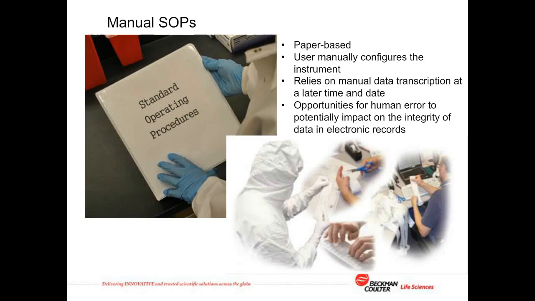And at the end of that, typically a paper record is produced, and it relies on the operator manually transcribing that data at a later time and date into an electronic format. Now, of course, this gives those touch points for the user, introducing opportunities for human error to potentially impact on the integrity and accuracy of the data in that final electronic record.